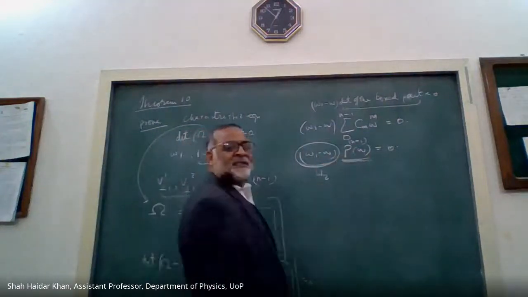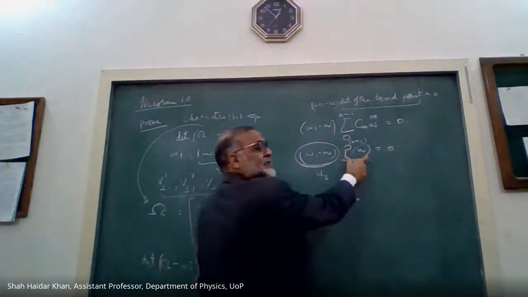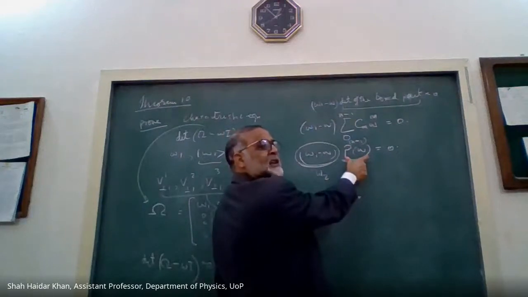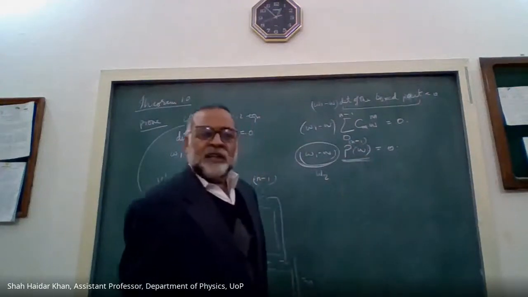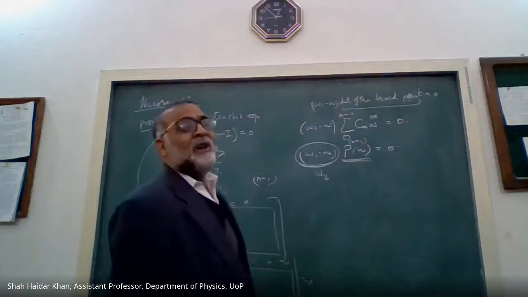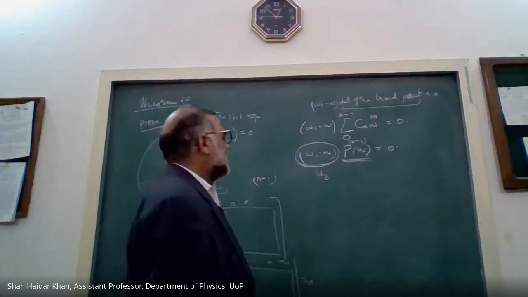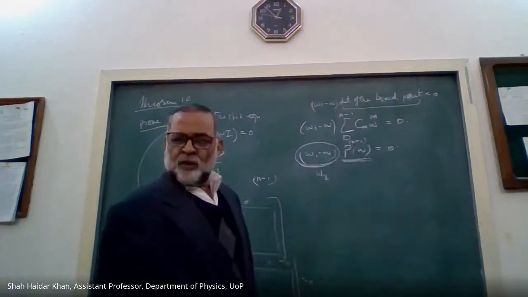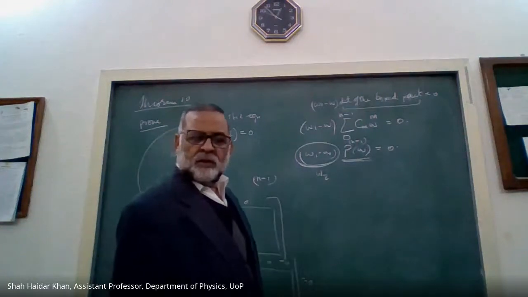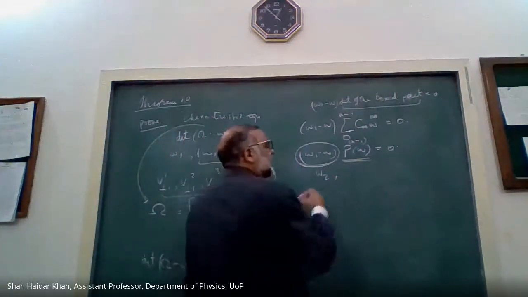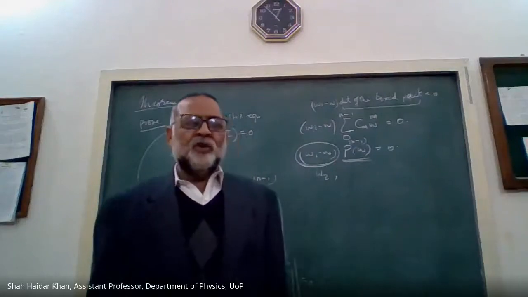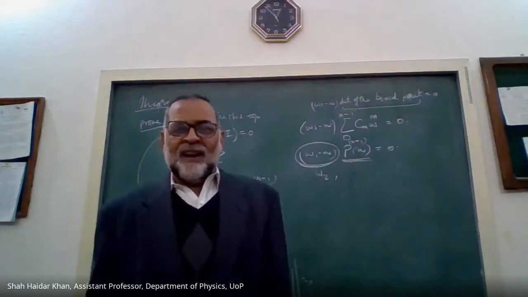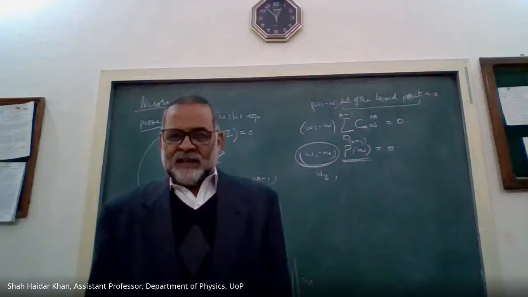So this is a polynomial in omega, and it should have at least one root if we want to solve it. Let that root be, we call it omega 2, right? And if this has a root omega 2 as an eigenvalue, right?